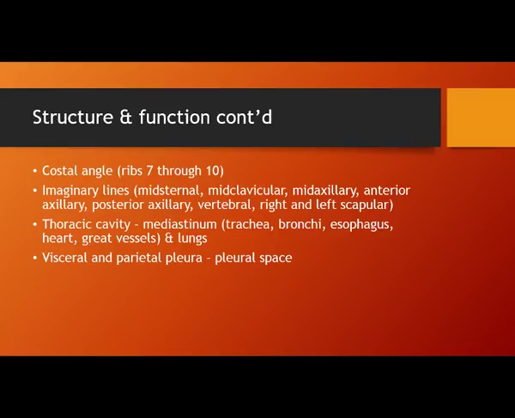And between these two pleura is the pleural space. But normally that is only a virtual space. It doesn't actually exist. The pleura are very close together. There is a small amount of pleural fluid in there that lubricates the two pleura, and they just slide with each other, and there's really no space there. But under abnormal conditions, there can be a space in there.